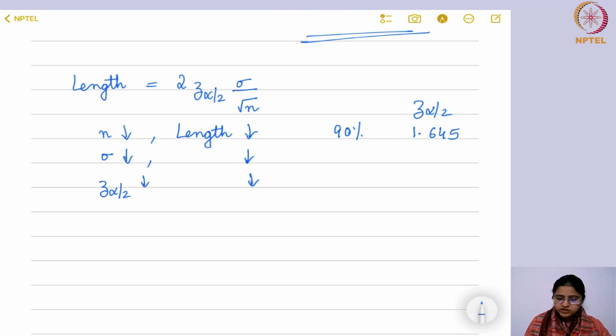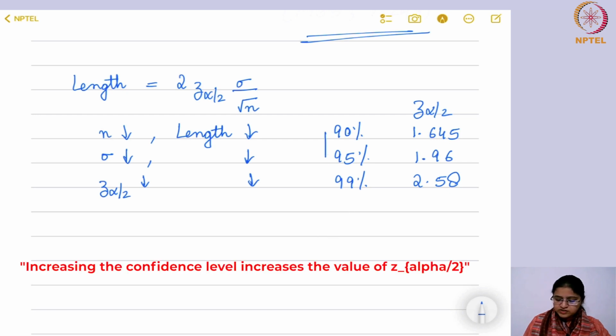This value comes out as 1.645. At 95%, as I told earlier, it is 1.96, and at 99% it is around 2.58. Basically, if I am increasing the confidence level, z alpha by 2 is increasing.